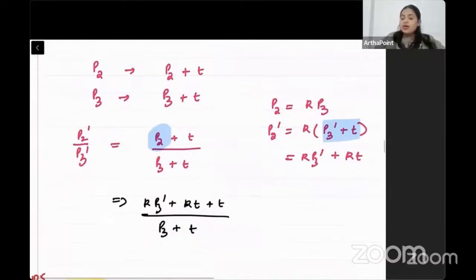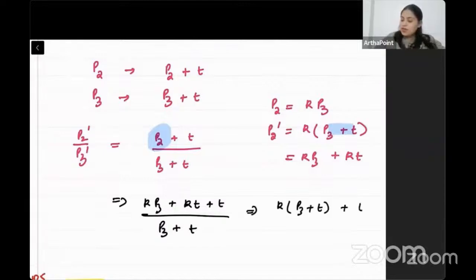So when I go ahead and find out the new price ratio, this will be just without dash. This will be my new price ratio. And you can just take this. So if I take K common, this will be K times (P3 plus T upon P3 plus T upon P3 plus T).